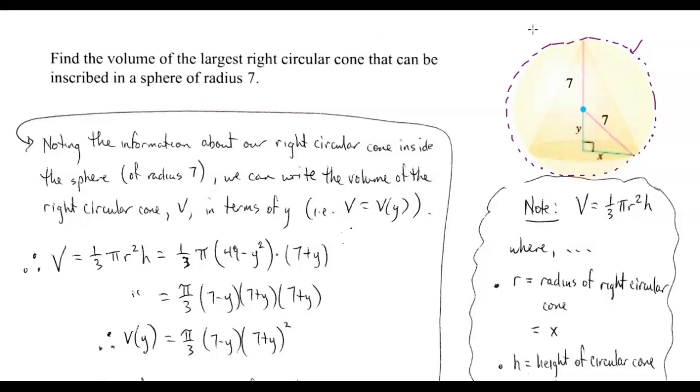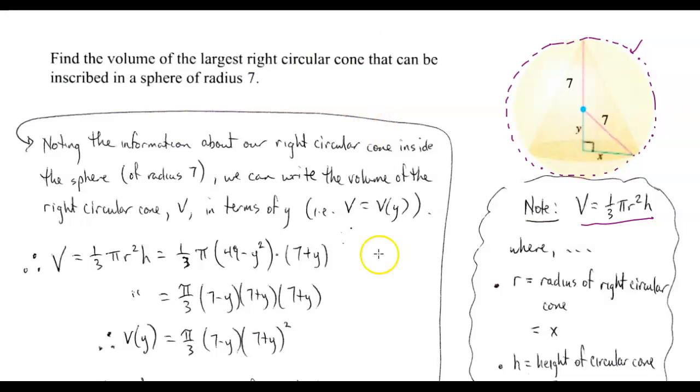Now, we know that the volume for a right circular cone is calculated by 1/3 pi r squared h. And so we're using that as a guide to help us figure out the volume of the largest right circular cone. That's what we want to know.